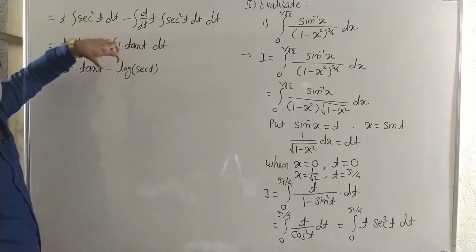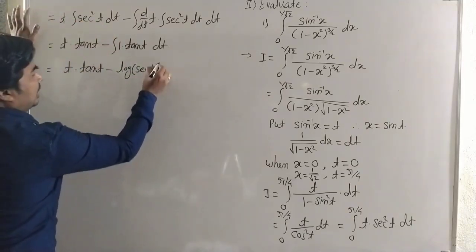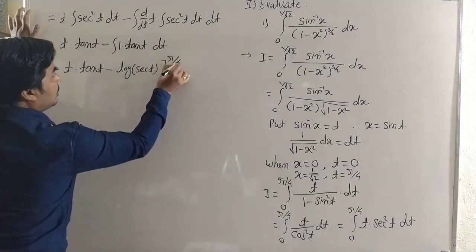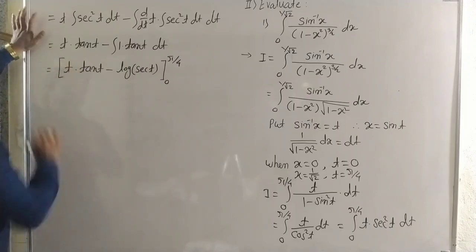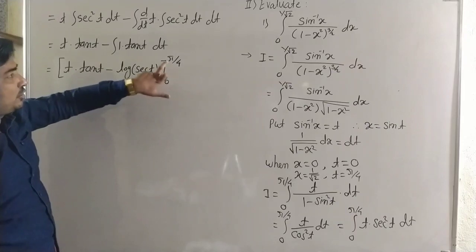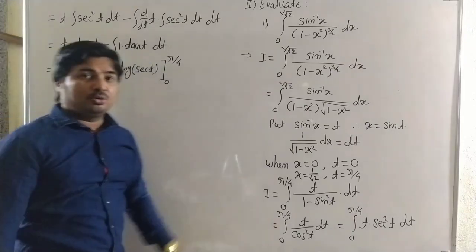The integral of tan t is log of sec t. See carefully here, the limit is 0 to pi by 4. Okay, it is a definite integral, so we cannot write plus c. Here we put the limit 0 to pi by 4.